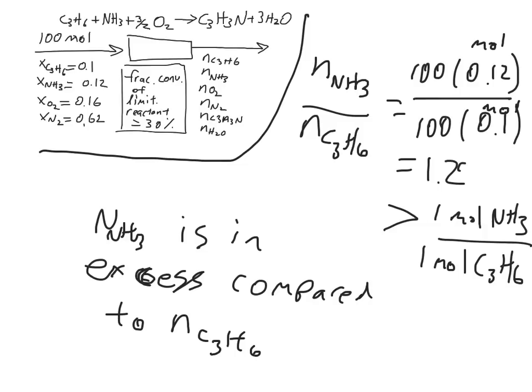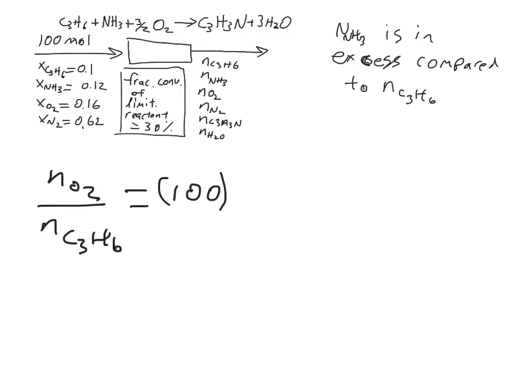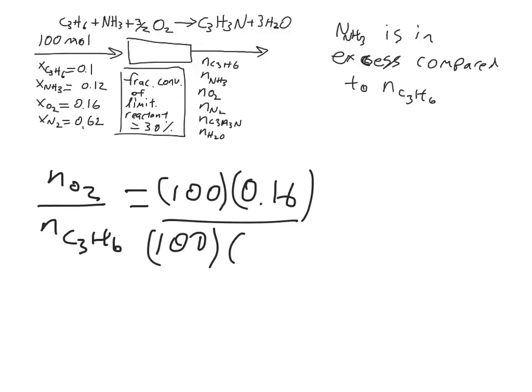We may be tempted to say, okay, NH3 is in excess, so C3H6 is our limiting reactant. But we still need to look at the O2 because that's one of the other reactants. So next we'll look at the ratio of O2 to C3H6, nO2 over nC3H6, which is equal to 100 times 0.16 over 100 times 0.1.